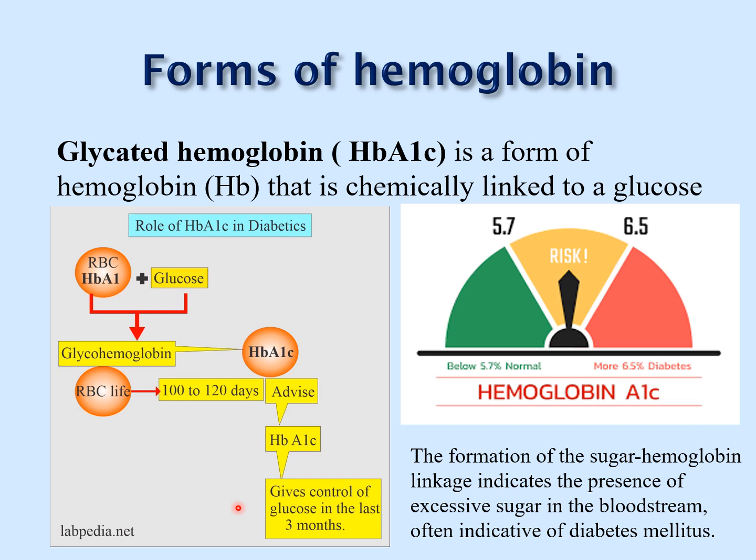If the concentration of glycated hemoglobin is high, we can say there was a high concentration of glucose during the last 3 months.